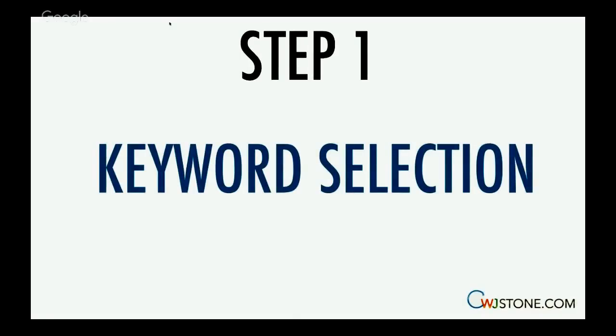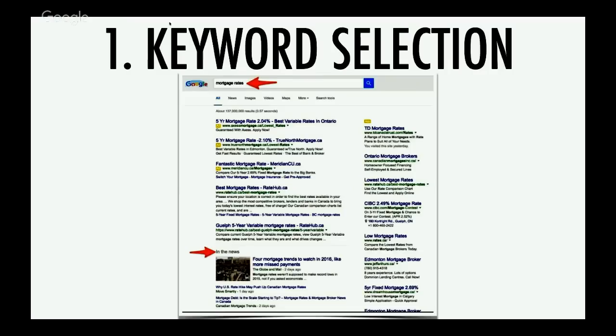This is the base of everything that you build on. And this is where I see a lot of people, especially in the mortgage business, get steered in the wrong direction by large scale SEO companies or SEO agencies. Keyword selection, traditionally in SEO, is based on traffic.